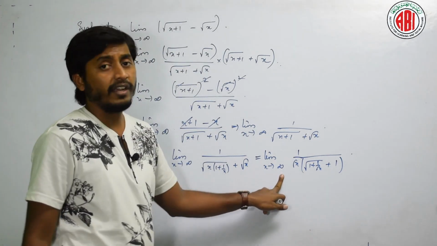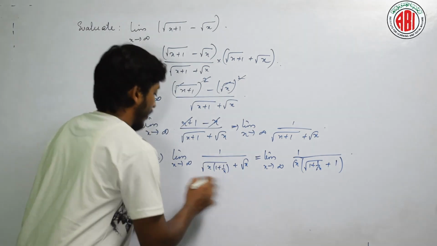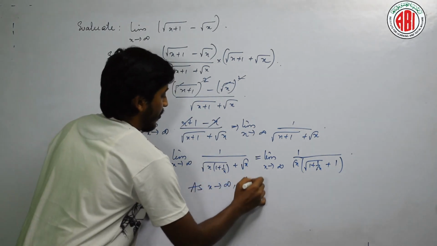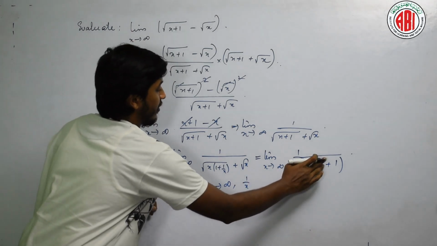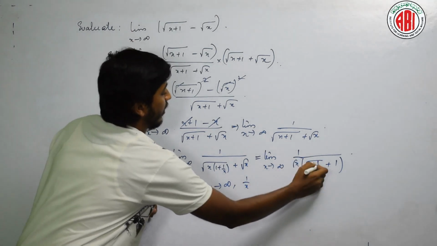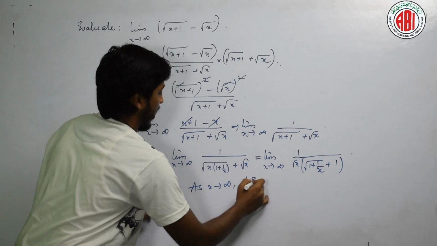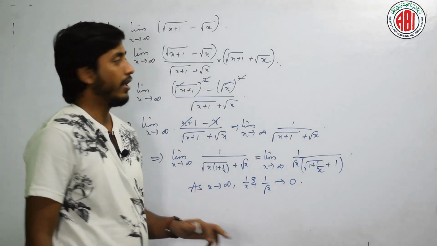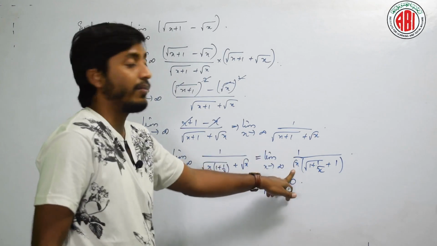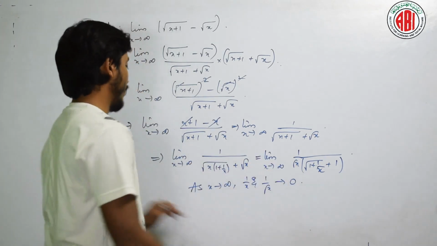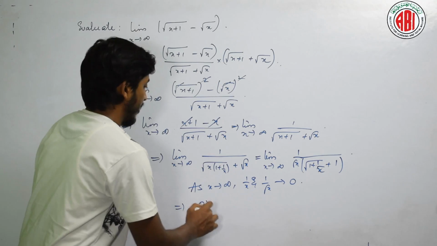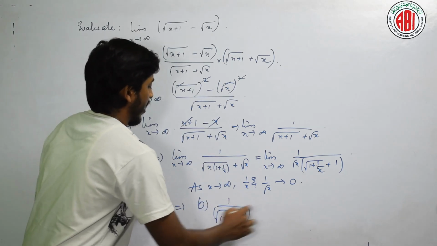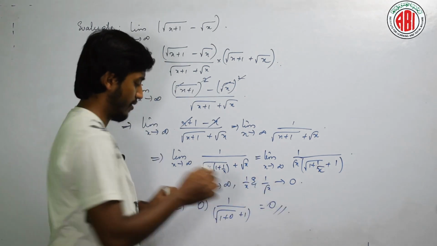As x tends to infinity, 1 by x tends to 0, and 1 by root x also tends to 0. Therefore, this 1 by root x will become 0, that is 0 into 1 by root of 1 plus 0 plus 1, however it is 0.